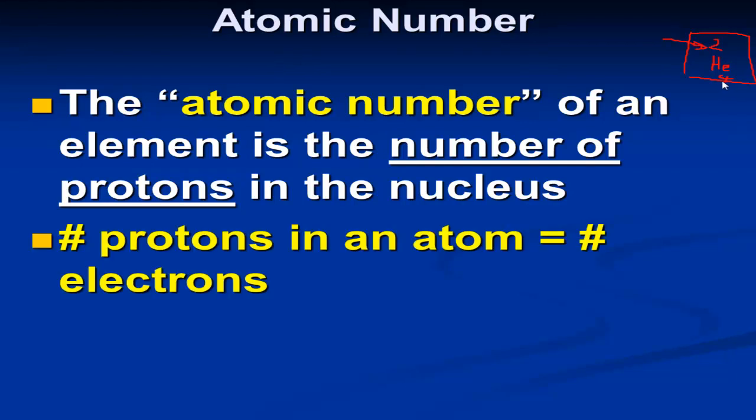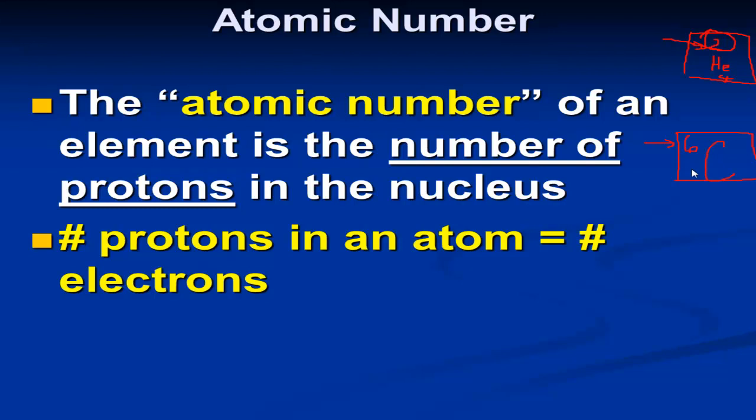That represents the number of protons in the nucleus. So helium, element number 2, has 2 protons in the nucleus. Carbon is element 6, and therefore it has 6 protons in the nucleus.